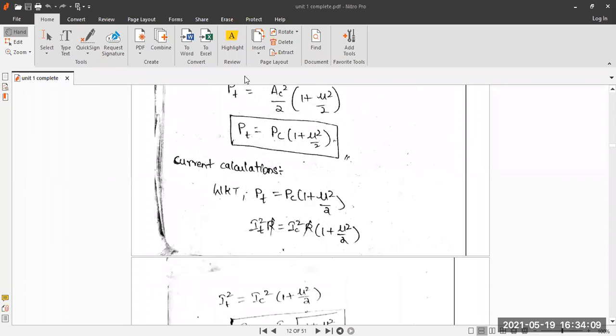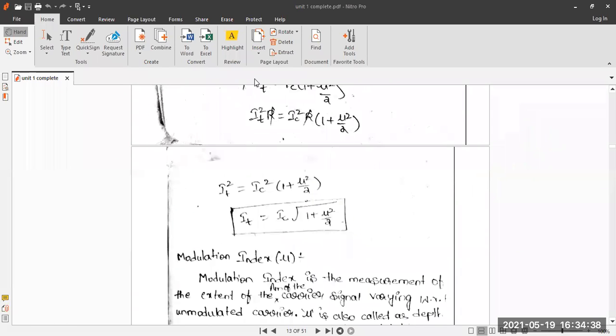Now you have to derive the current calculation. The formula for power is I square R, so we write the same here. PT is total power, I square R. Since it is PT, it is IT square R, and for PC it is IC square R into (1 plus mu square by 2).